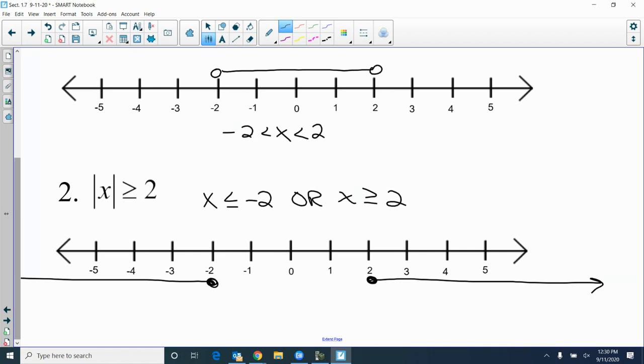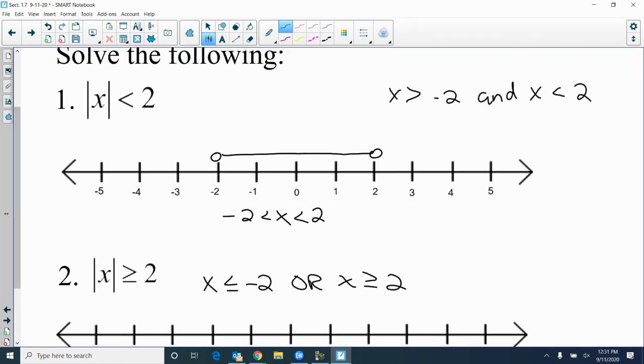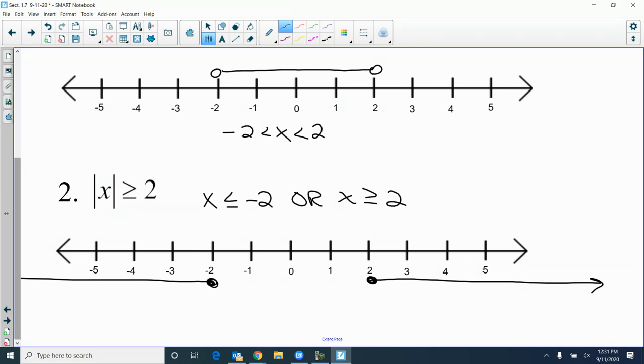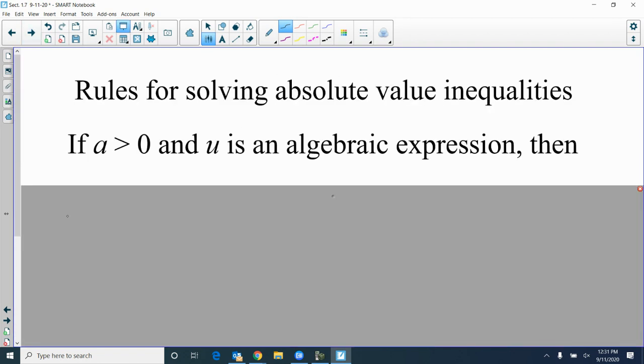We're going to try and create a rule for this. This is always going to be the case if you've got less than or equal to: it's going to be trapped between those two values. If it's a greater than or equal to, it goes to the right from that number and then less than the negative of it.